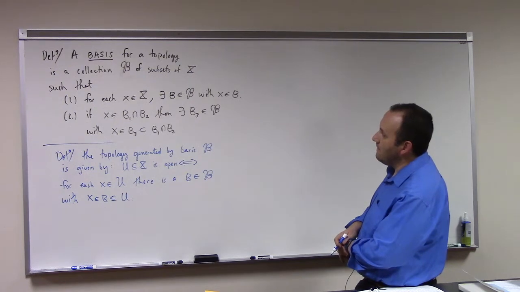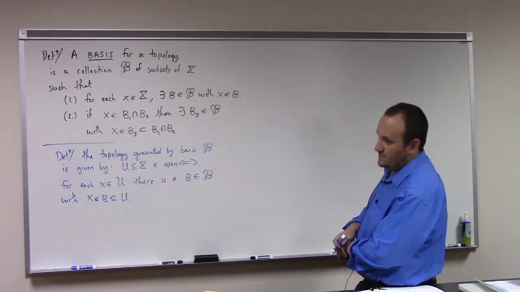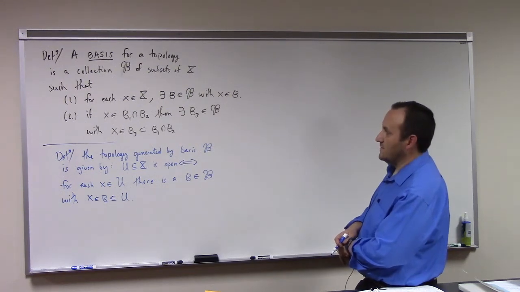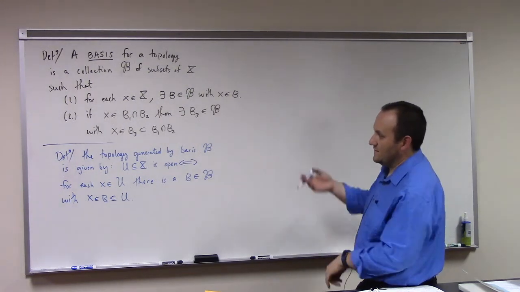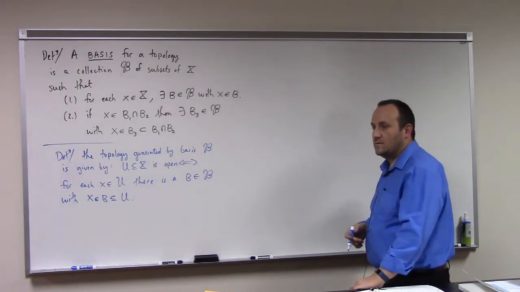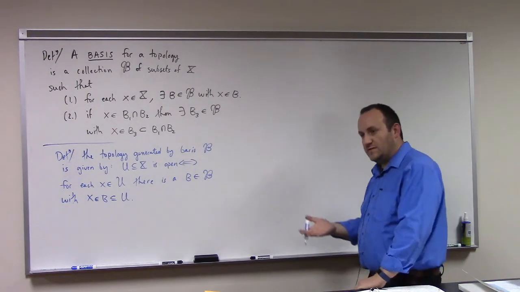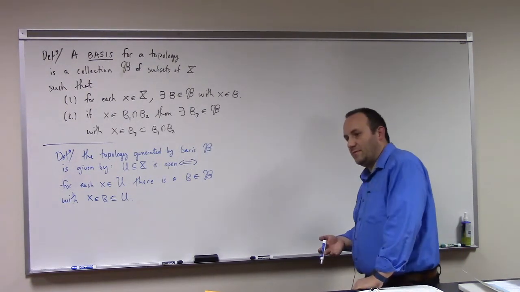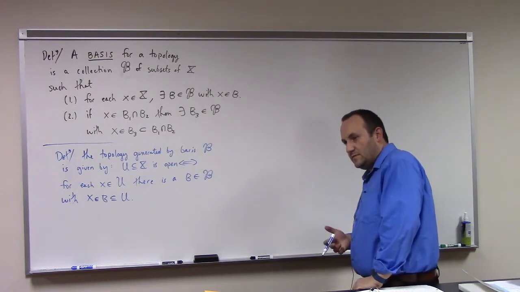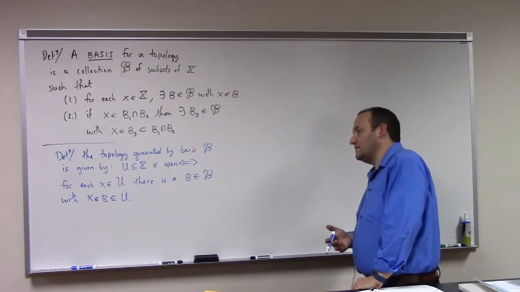So I suspect that if we have a topological space, we probably want to look at an open basis. So it's a collection of open sets that satisfies these conditions, then it's a basis. Of course, the singletons would form a basis probably for the discrete topology.